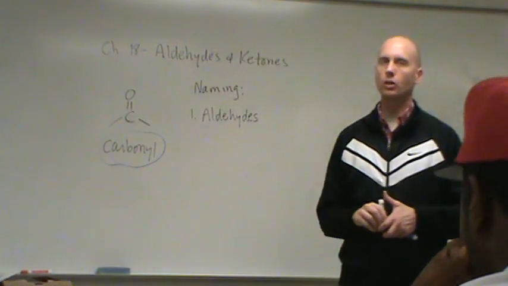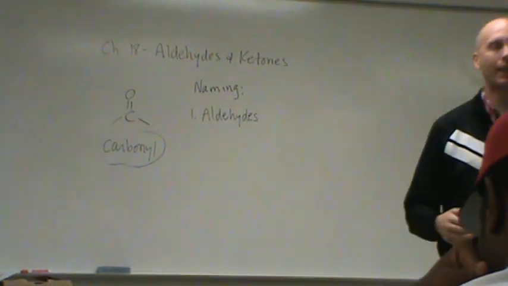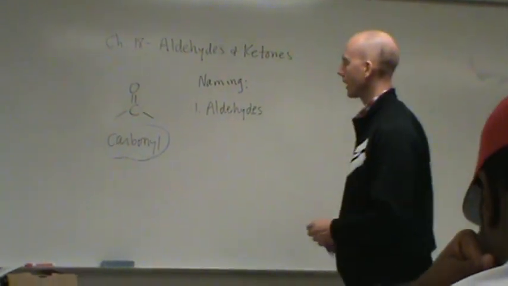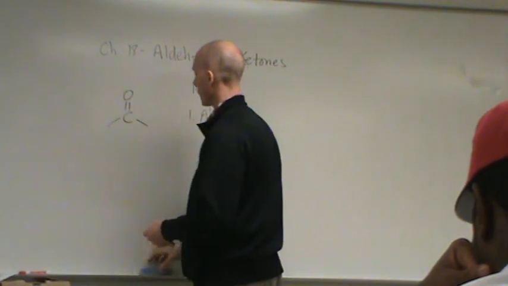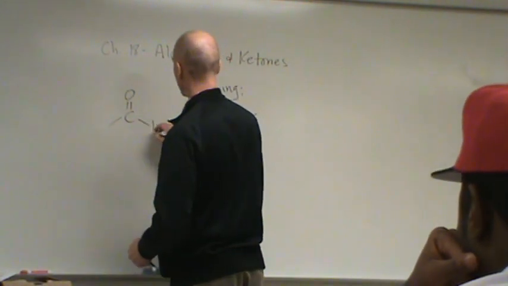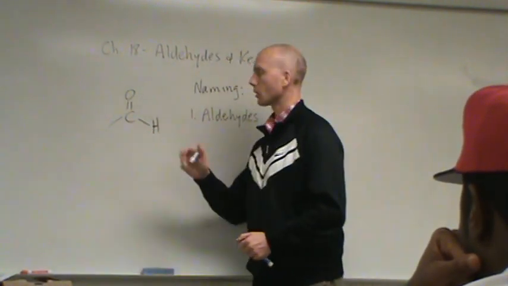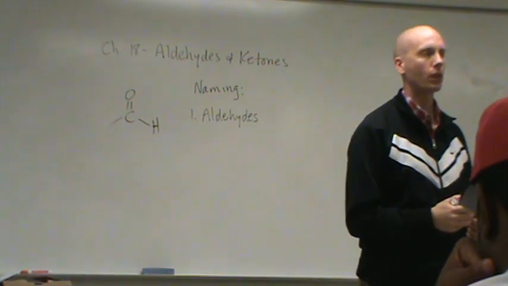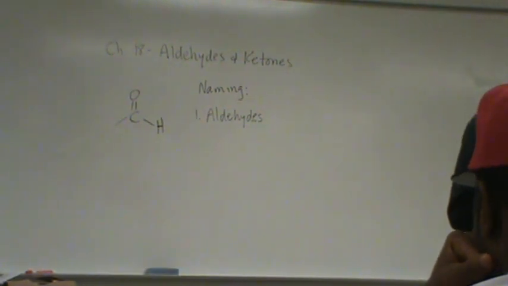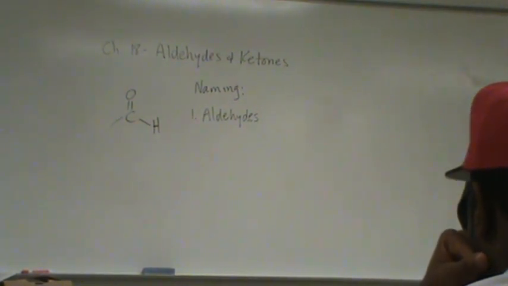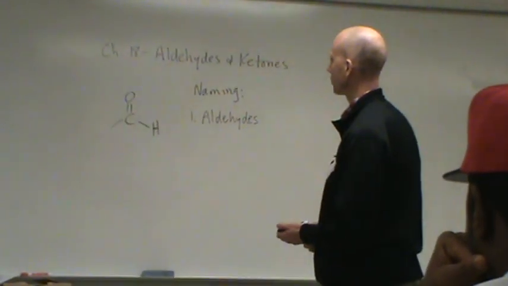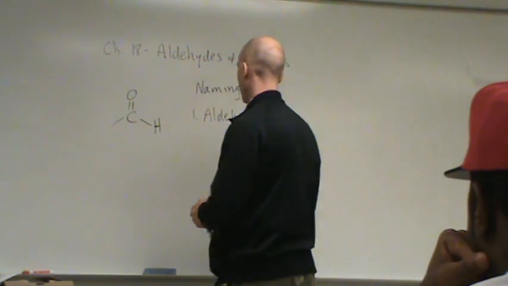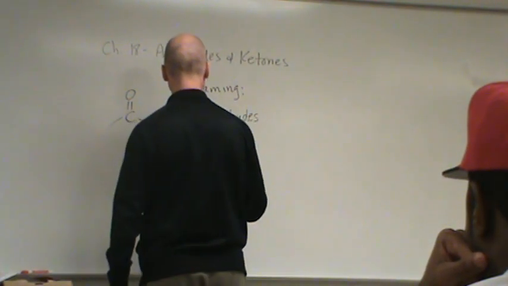First of all, what is an aldehyde? An aldehyde is a carbonyl where I have at least one hydrogen on the carbonyl. I could have two, but I have at least one hydrogen on the carbonyl. So let's look at some examples.